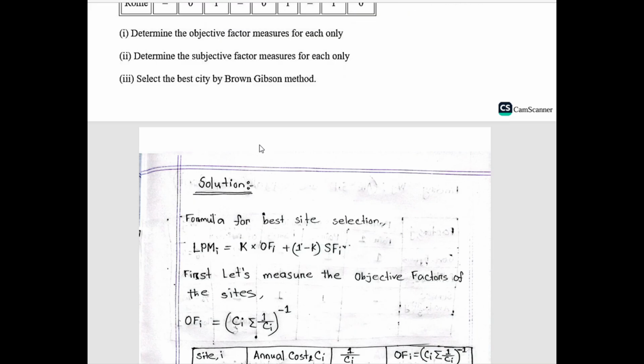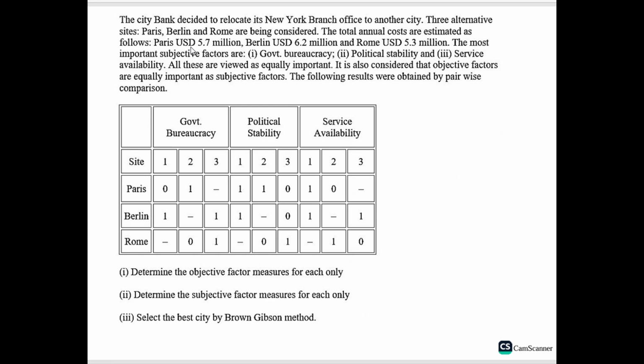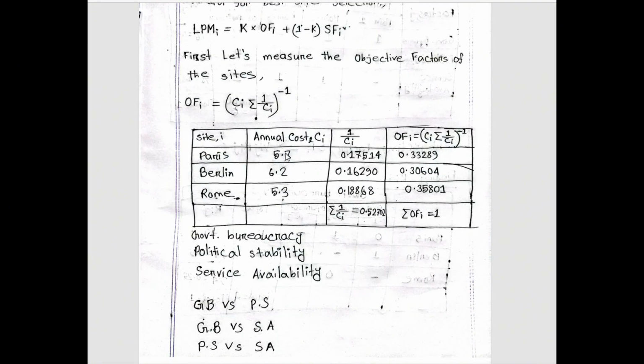Before calculating, the formula for the objective factor is Ci times the summation of 1 by Ci, the whole to the power minus 1. What is Ci? This is the cost per annual year. This will be the Ci value for each city. For Paris, the Ci value is 5.7, for Berlin 6.2, and for Rome 5.3. Now we have to take the reciprocals of these values: 1 by 5.7, 1 by 6.2, 1 by 5.3, and take the summation of the reciprocals.